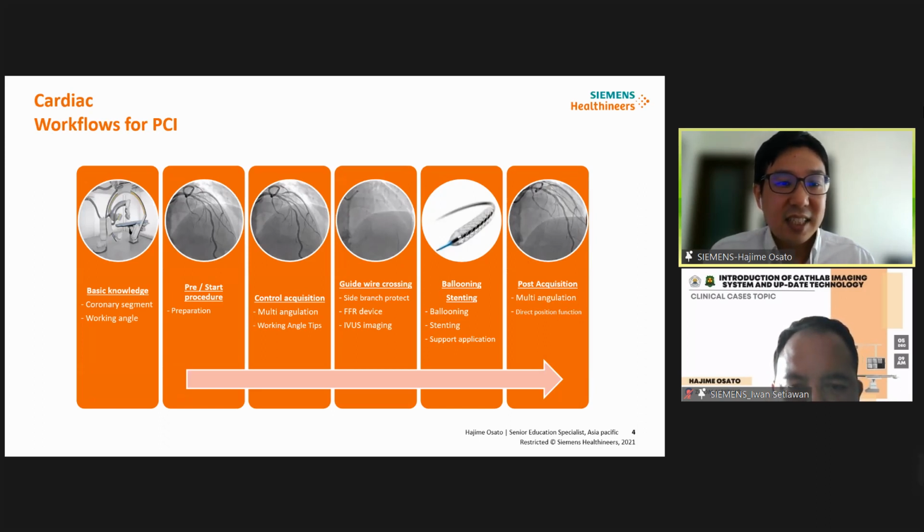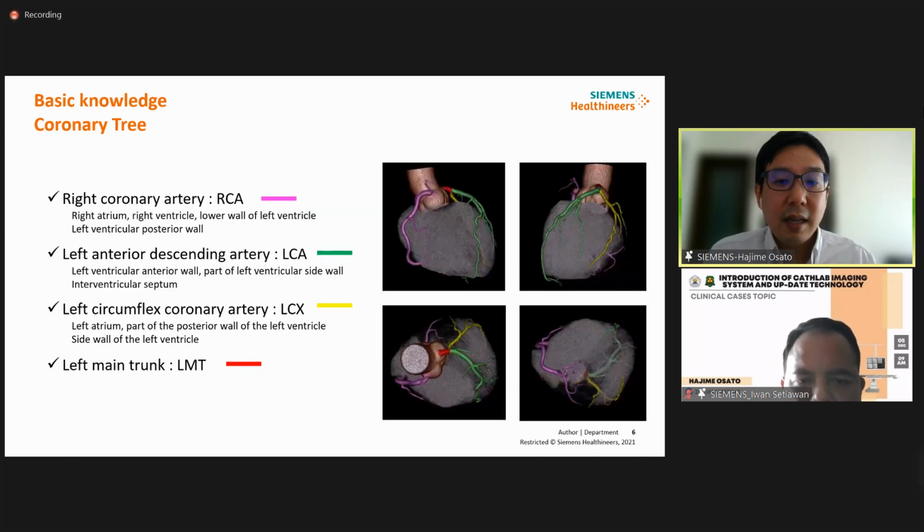All right, so go to the basic knowledge. Maybe you have already learned or known this content. The coronary tree is structured by 3 parts: RCA, LAD, LCX, and these coronary trees supply blood flow to the heart muscle wall.